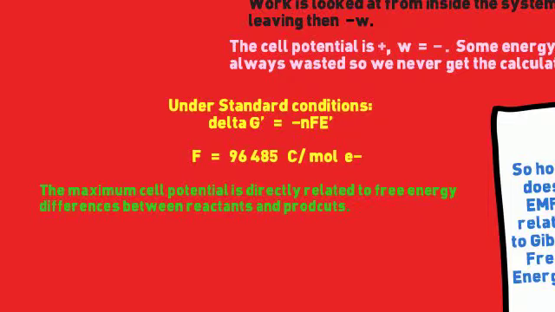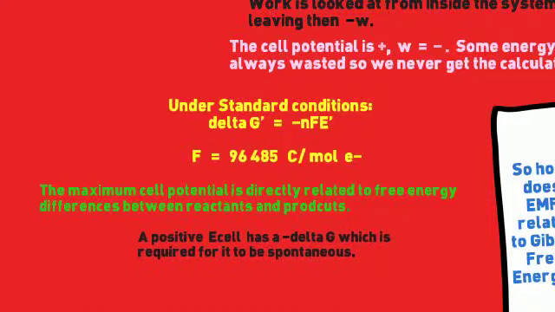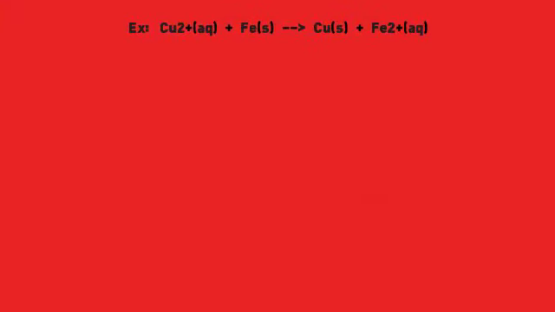And a positive cell potential has a negative delta G, which is required for it to be spontaneous. So for this to just occur when you connect them, you have to have a positive cell potential and a negative delta G.